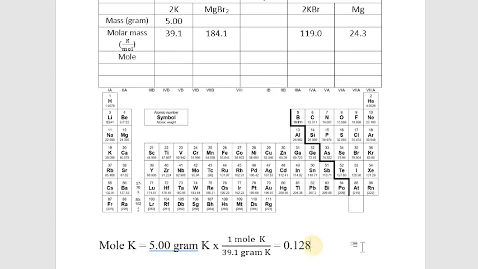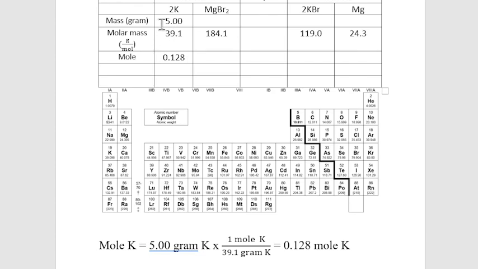So we'll keep the 3 and our answer will be moles of potassium. And so we put this number right down here where it says moles, 0.128 for that potassium.